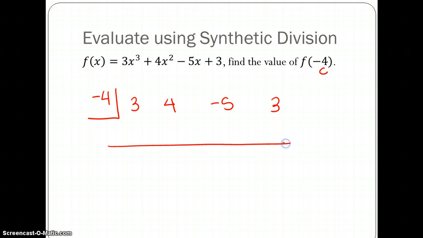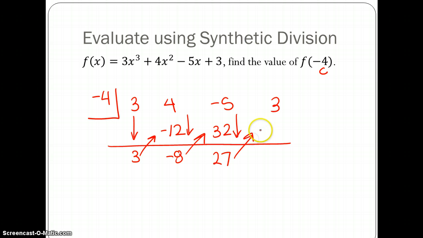If I perform synthetic division, bringing the 3 down, multiplying diagonally, adding, becomes -8, multiplying diagonally, add, moving down, multiply diagonally, and that's -108. My remainder here, -105.